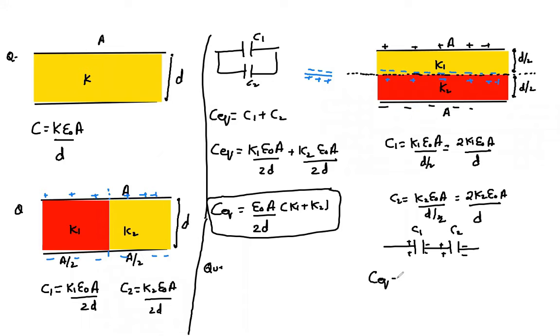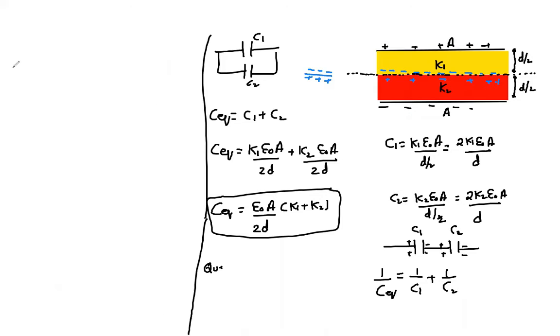So if they are connected in series, you would calculate your C equivalent in this way. 1 by C equivalent is 1 by C1 plus 1 by C2. Just substitute the values and get the final result. 1 by C equivalent is d by 2 K1 epsilon naught A plus d by 2 K2 epsilon naught A. You can take d by 2 epsilon naught A as common.